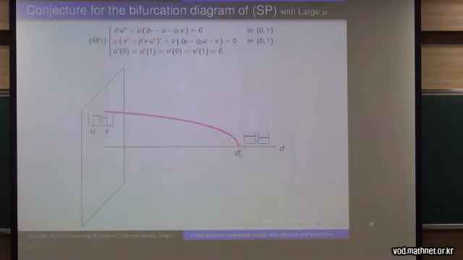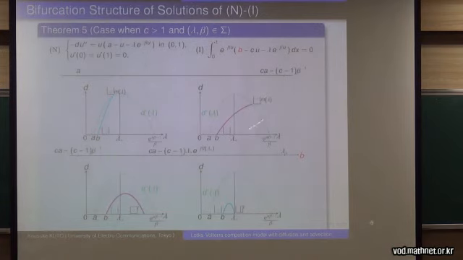If mu is very large, for example, such a situation occurs. A monotone solution bifurcates from the first bifurcation point and approaches such an internal layered solution. An internal layer solution corresponds to segregation.